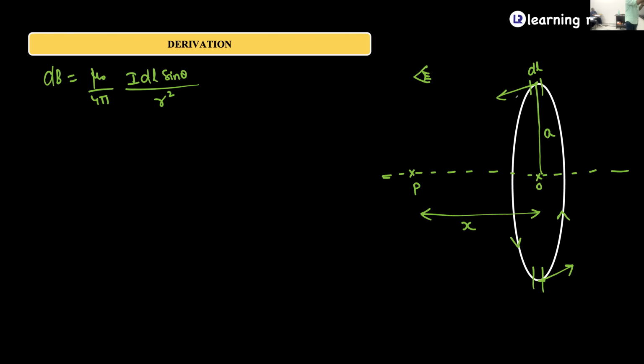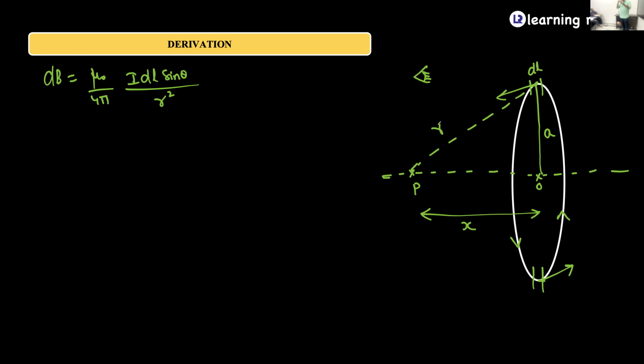From here, I'm going to join. Let me call this R. This is I dl. This is R. Now, what is going to be the value of theta in this case? It is 90, because they both are in different planes.